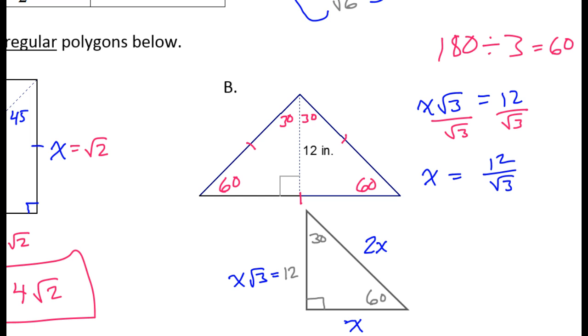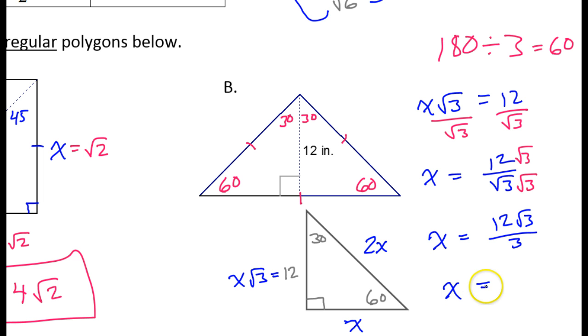We will rationalize the denominator by multiplying by radical 3 in the numerator and the denominator. So that will give us 12 radical 3 over 3. Radical 3 times radical 3 is 3. But 12 divided by 3 is 4.